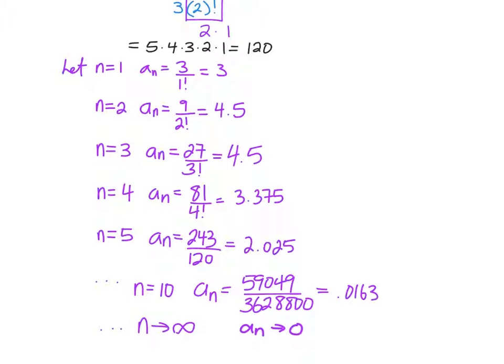Just because I don't know that everybody has seen this before, if I wanted to type n factorial in my calculator, that factorial key is in the math menu. Math, scroll over to probability, and select option 4. So type the number in first and then select math probability option 4.